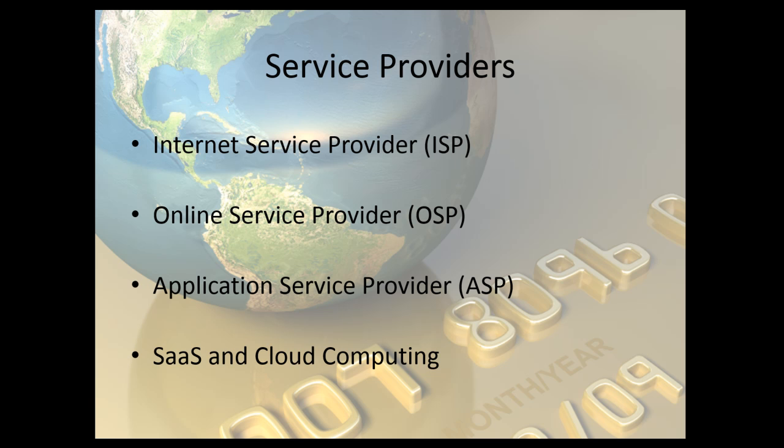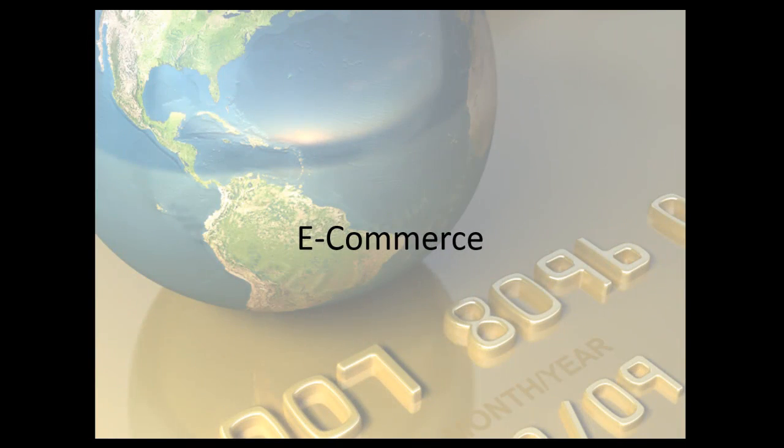Lastly, we have e-commerce. Now we saw what e-business is, which is any type of business that's conducted online. Well, e-commerce is a subset of e-business, and e-commerce is the buying and selling of goods over the internet. This refers exclusively to transactions that happen online.